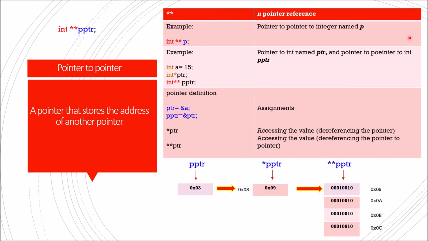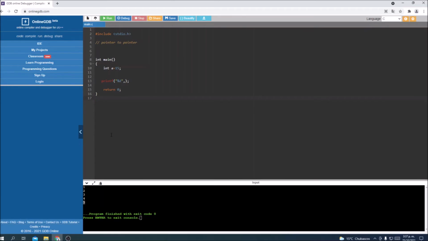Now let's do the practice code. Now let's do the sample code for pointer to pointer. First of all, let's start again with an integer variable. Then pointer to integer.